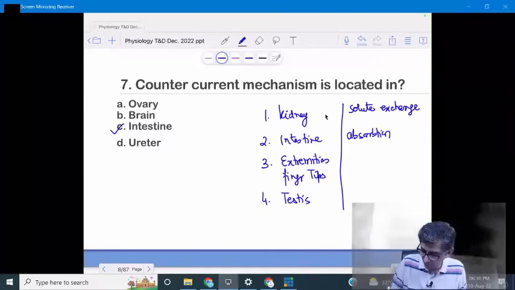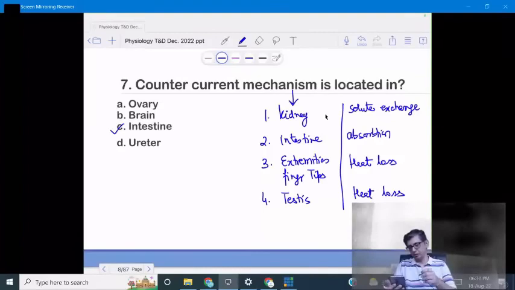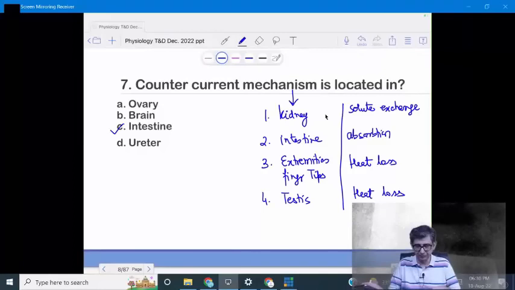And in the last two, it is mainly heat loss, which is the primary reason why the counter current mechanism is present. The correct answer for question number 7 turns out to be option number C. Yep. Good. Moving to question number 8.